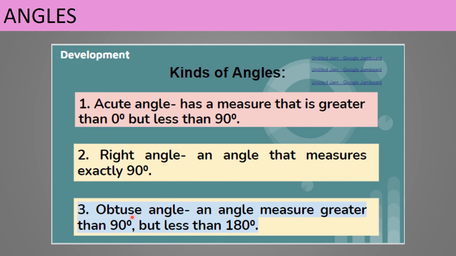Then we have the obtuse angle, an angle measuring greater than 90 degrees but less than 180 degrees. For example, if the measure of the angle is 110 degrees, that angle is an obtuse angle.